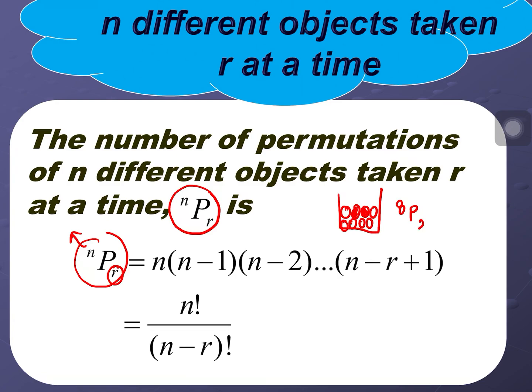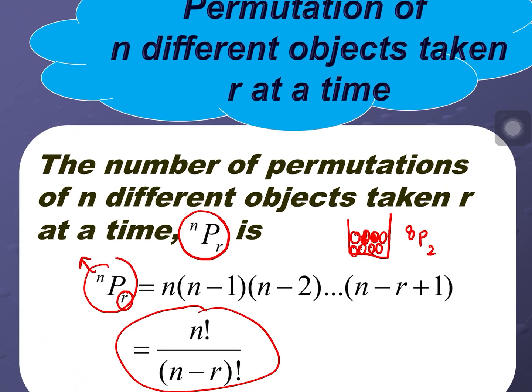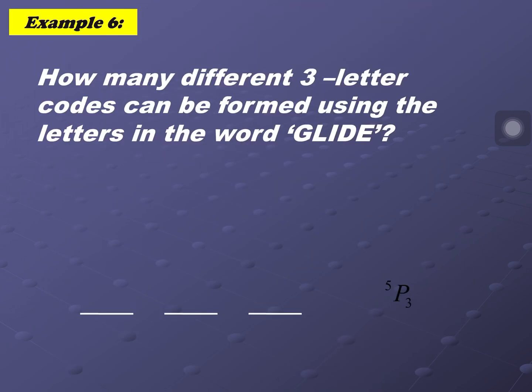So it's like 8P2. Here's the formula: n factorial over n minus r factorial. Okay, next one.